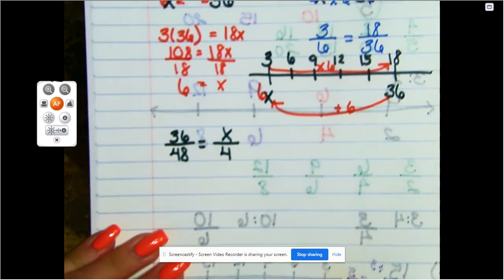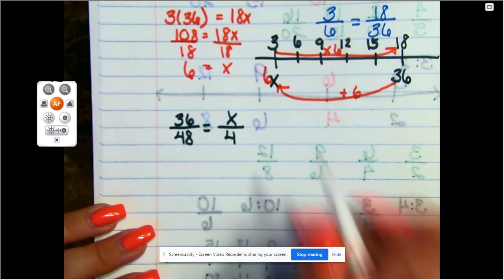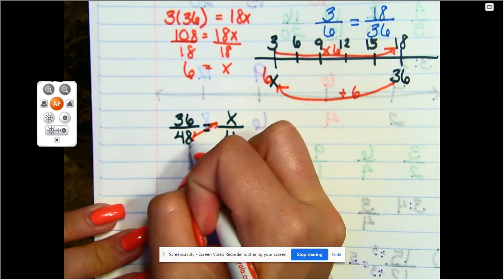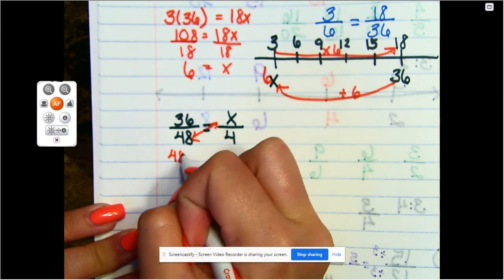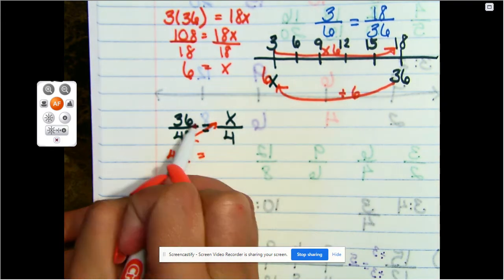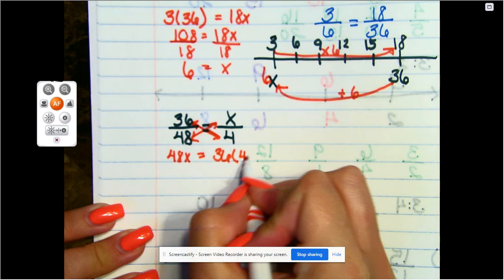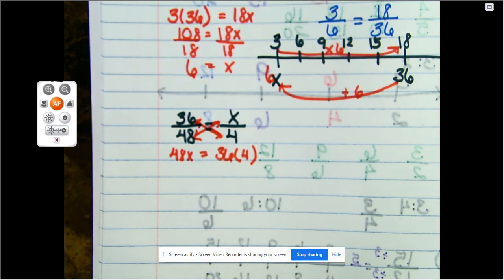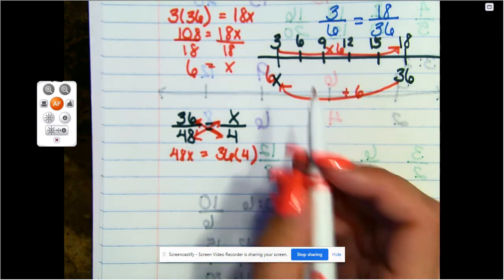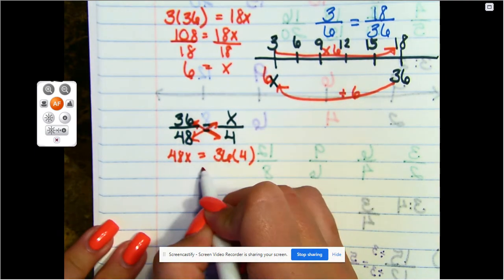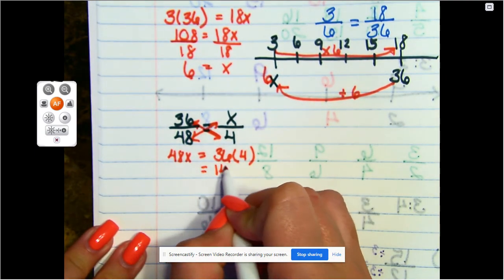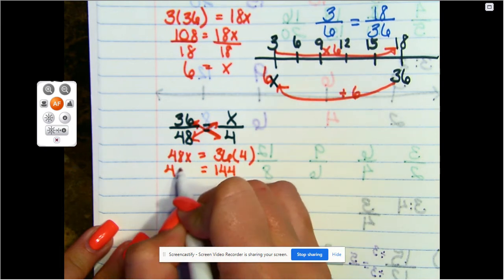Okay, so option number 1 is doing the multiplication, so 48 times x, and then 36 times 4. Okay, if I was to do 36 times 4, I get 144, and then 48x.